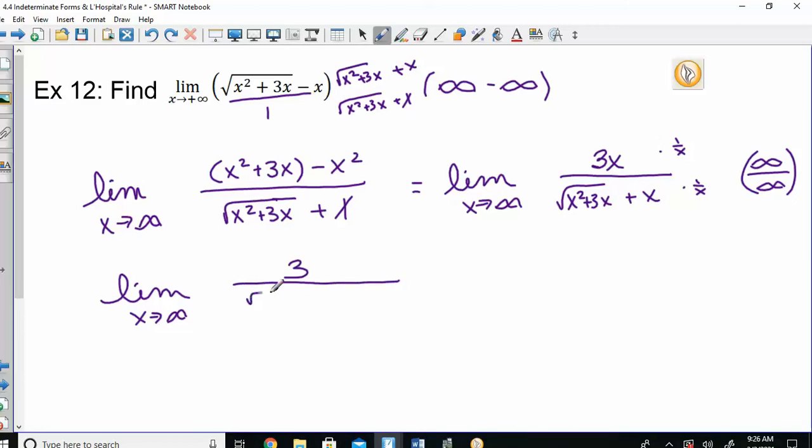Okay, now let's think about this radical. We've done these, but it's been a little bit. X would be the same thing as the square root of x to the second. And x times 1 over x would be 1.